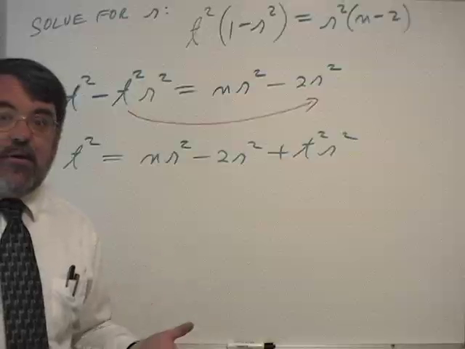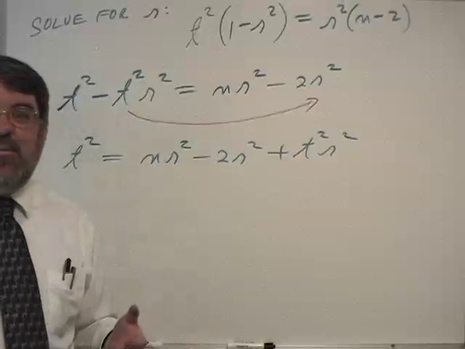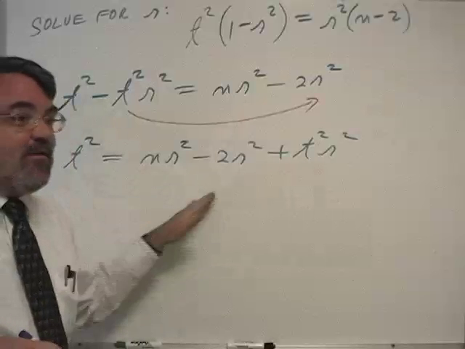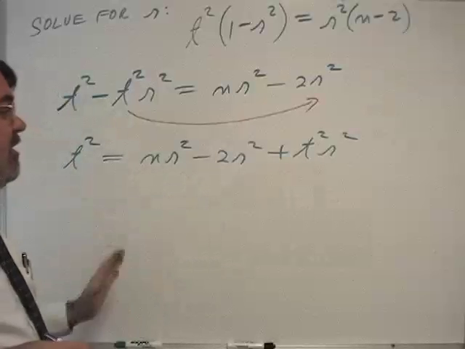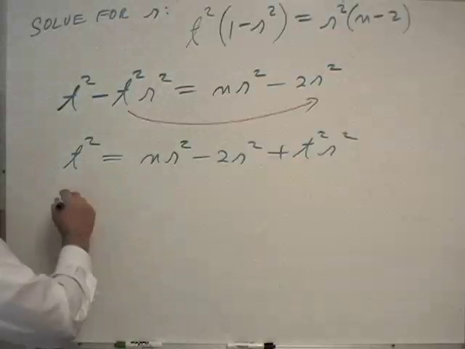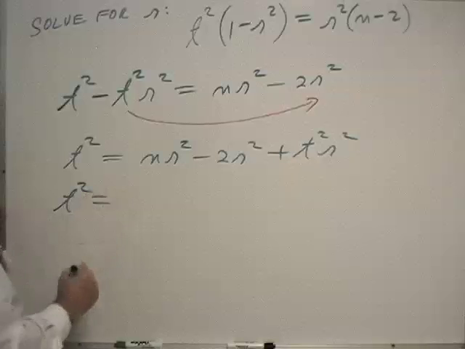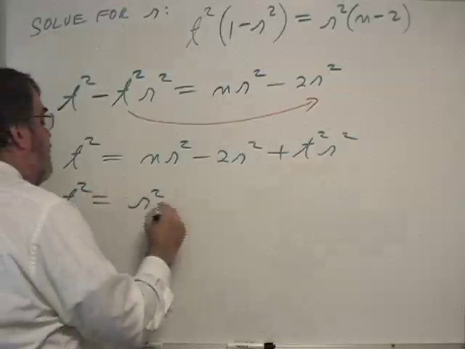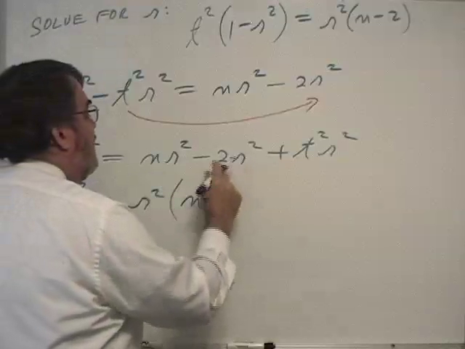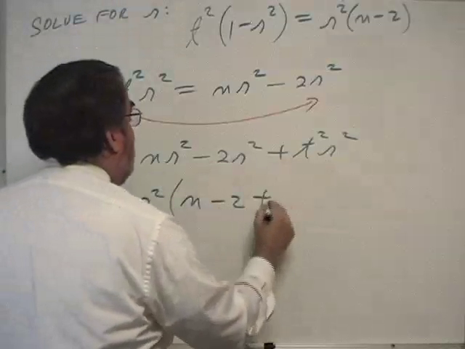How do we isolate R squared? Well, we can factor it out. When we factor out R squared, then we have a single R squared multiplying other stuff. So let's see what that looks like. I get T squared equals, factoring out R squared as my common factor, R squared times n minus 2 plus T squared.